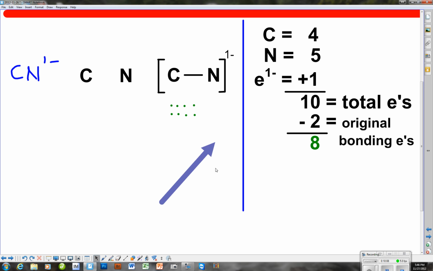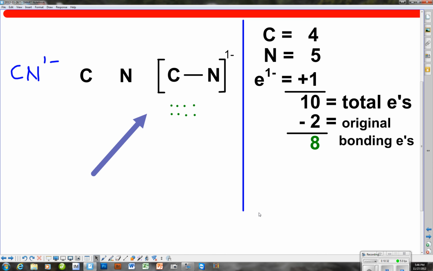Now what I've done is I've shown you when we subtract from the total electrons the original bonding pair, which is here, we wind up with a total of 8 electrons that still need to go in here. And so what I do, and I've given you that same number right here, is the electrons that we're going to be putting in as unbonded pairs.